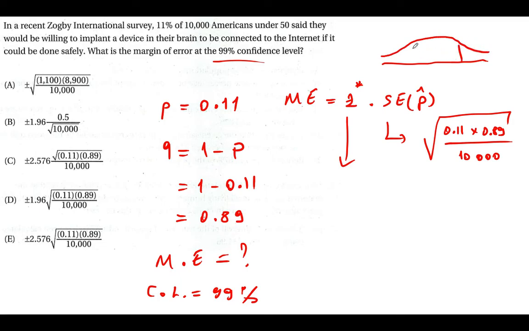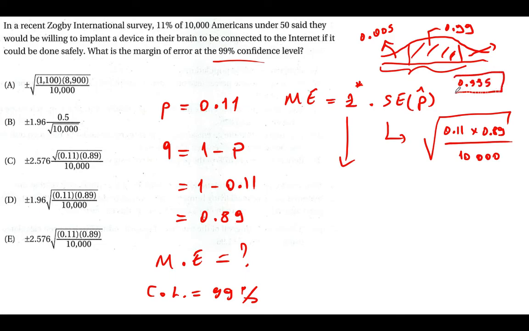So we said that this interval is 99%, 0.99. So the left here, totally both tails are 1%, and half of that will be 0.005. It means that this totally will be 0.995.